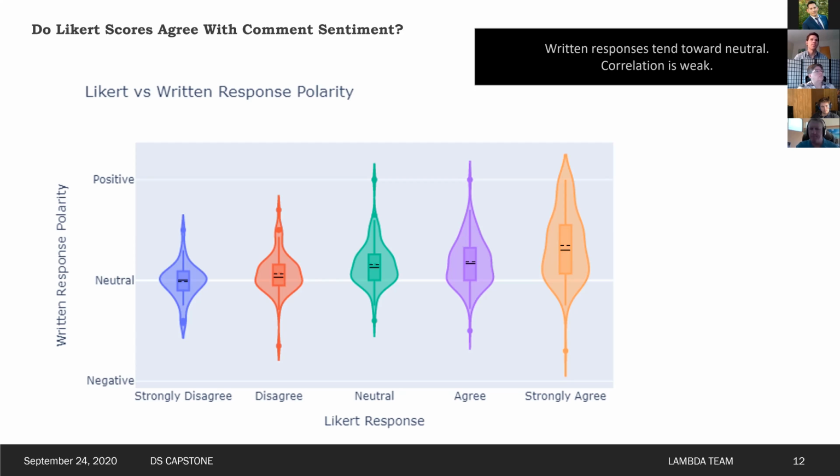As we can see through the box and whisker plots in the middle, which you might be a little more familiar with, there's a slight positive trend. It is actually quite weak though. The correlation is only 0.3. This is because most of the written responses tend towards neutral. That's where the widest parts of the violins tend to be.